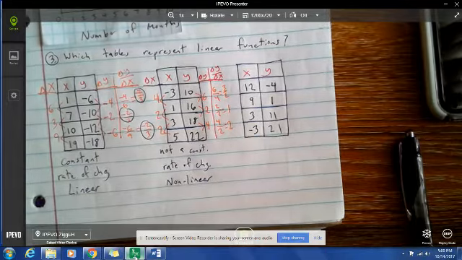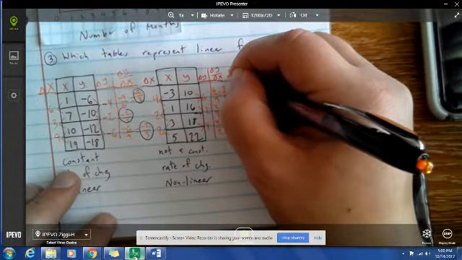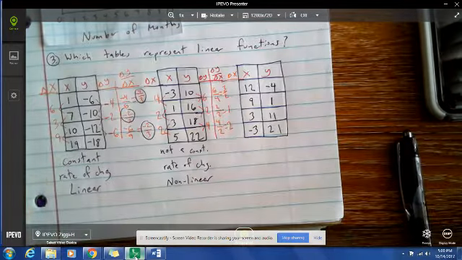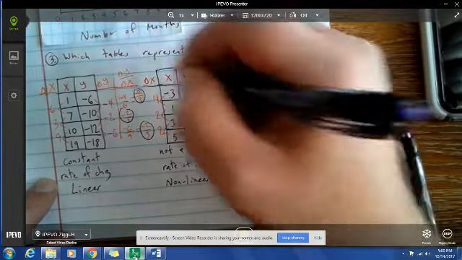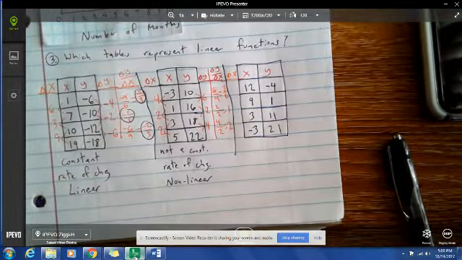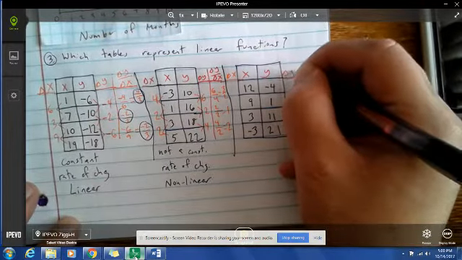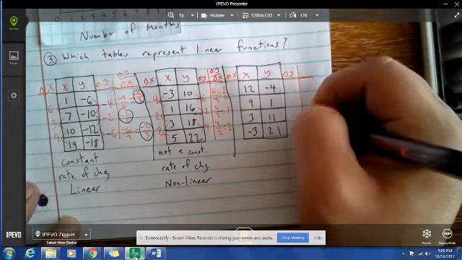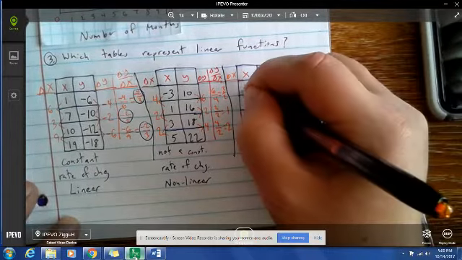Last table. Let's do a little divider here so that we don't get all the problems confused. Change in x, change in y, delta y over delta x.